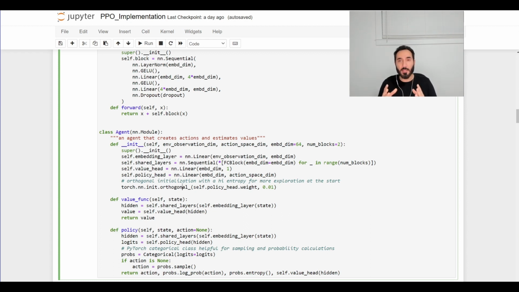This gives us essentially a very widespread original state for the neural network, because if you remember, at the beginning we want the entropy to be very high. We don't want the model to really focus on one set of actions. We want the model to explore all possible good actions at the beginning, so that will allow us to do that. So that's the setup for our neural network, our agent.